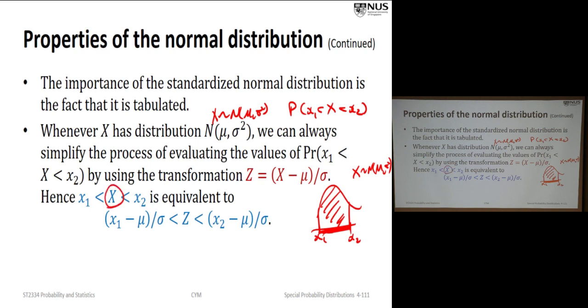You do standardization on the random variable x, so you have to subtract the mean and then divide by the standard deviation. Mean mu and standard deviation sigma are constants. All right, so I just do this one. So x1 less than x less than x2, so I subtract mu, divided by sigma. So is this correct?